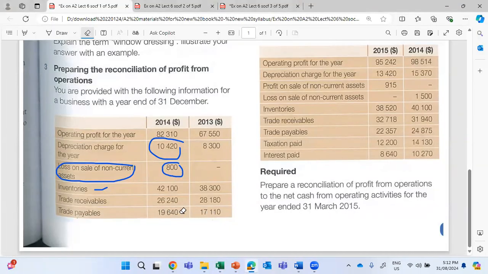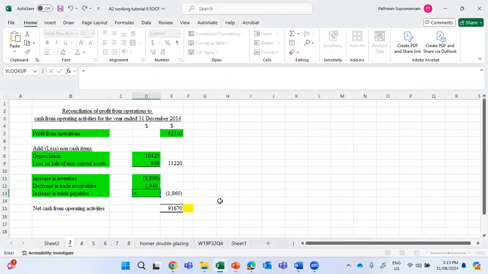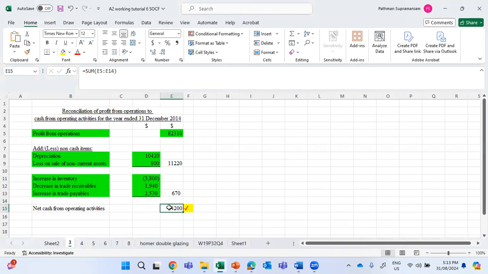So 19,640 minus 17,110. There you go, this is my answer. Since this figure is positive, I call it net cash from operating activities.